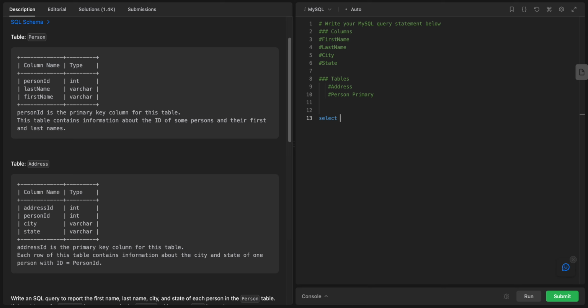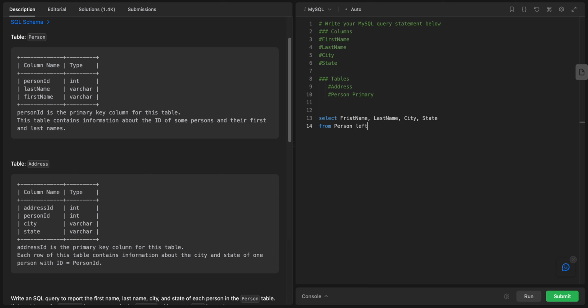So it will be select first name and last name and city and state from person, and also from address, but it's important to make sure that the person is the primary.